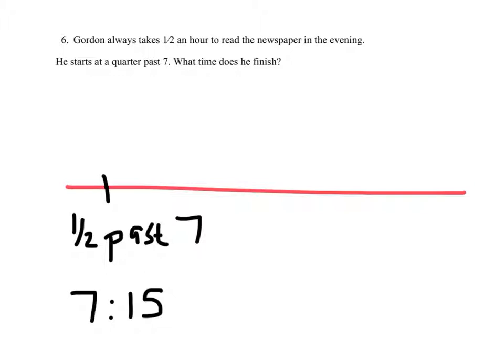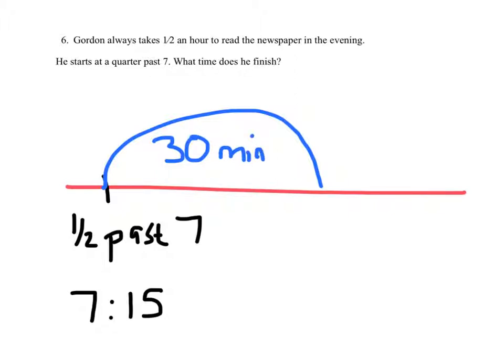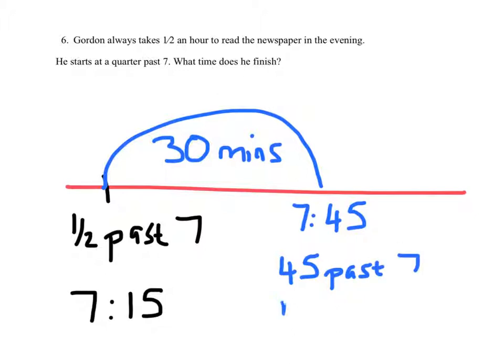If he takes half an hour, that's the equivalent of 30 minutes. We know that 7:15 plus 30 would be 7:45, which is 45 past 7, or 7:45.